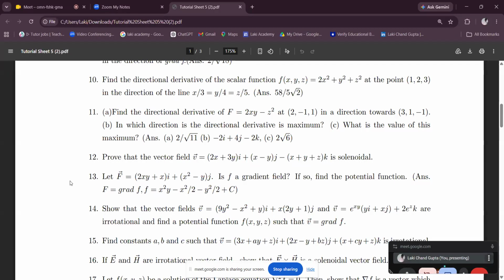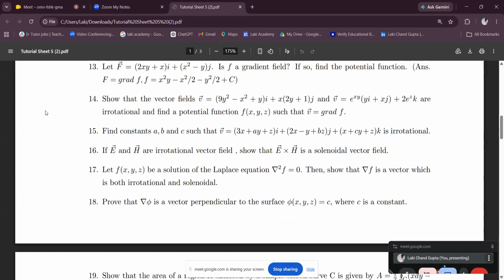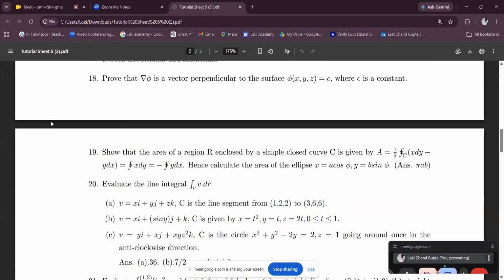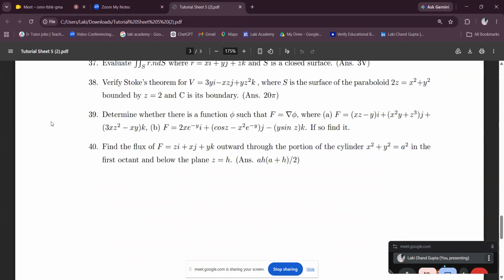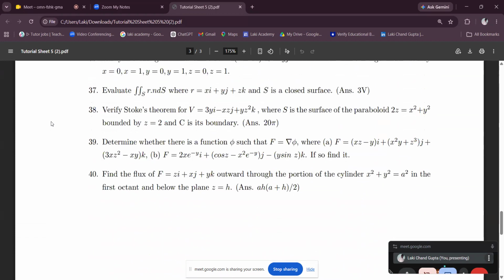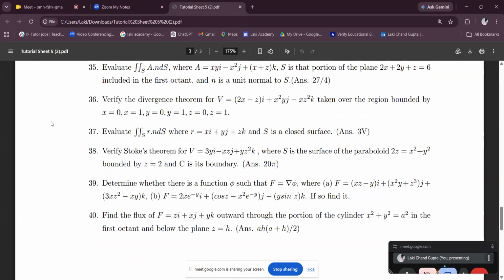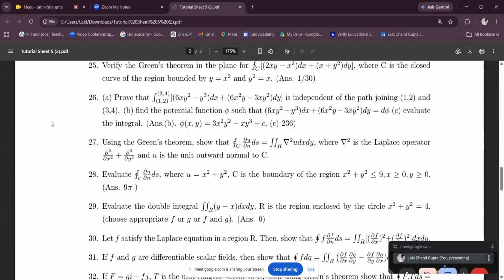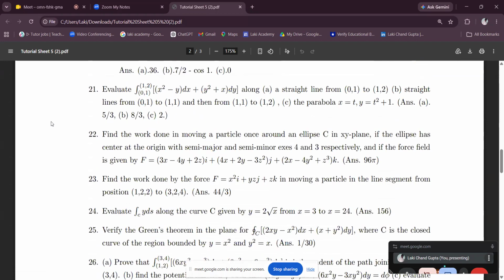So all the scalar function, sorry, vector differentiation has been done. Now from question number 19, 19 to 40 are related to vector integration.